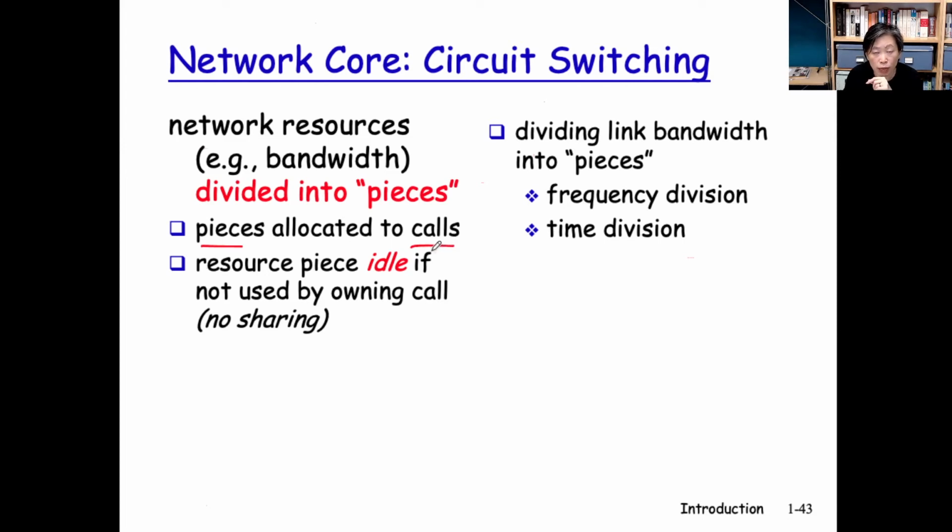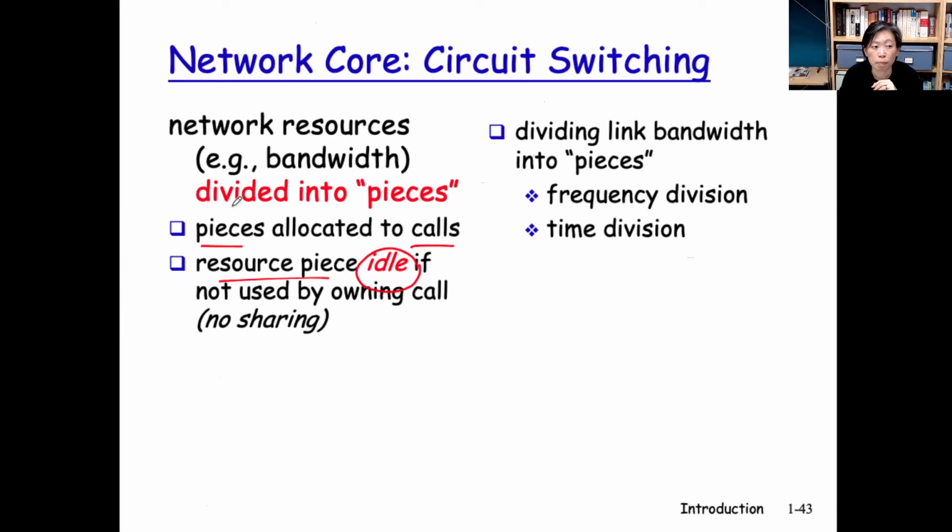But once you do that, if there are no data being sent between the two ends, that piece of resource will then be idle. If you think about it, in a way, it's a waste of resource. If the two of them ask for resource and a call is established, but they're sitting doing nothing. So not very good utilization of resource. So this is the second disadvantage of doing circuit switching.